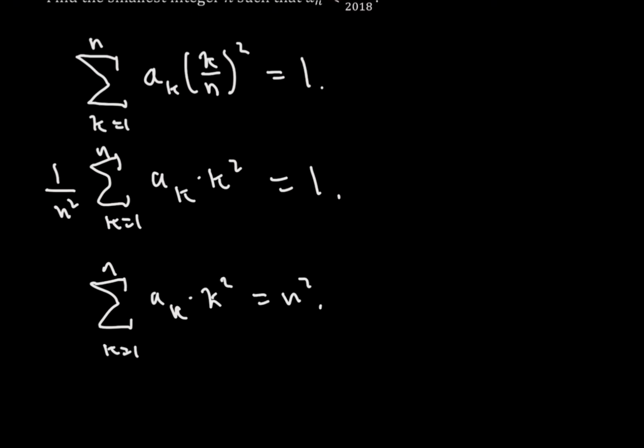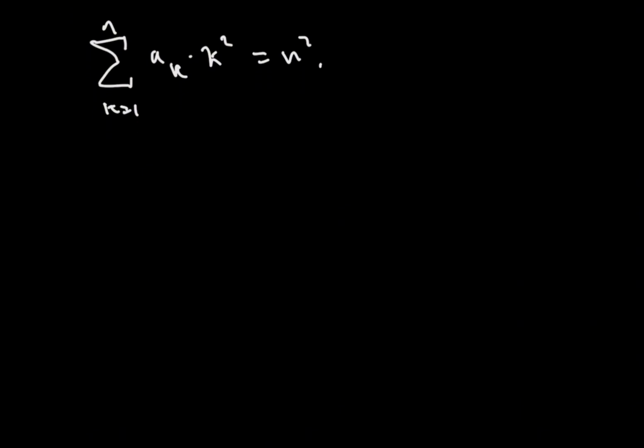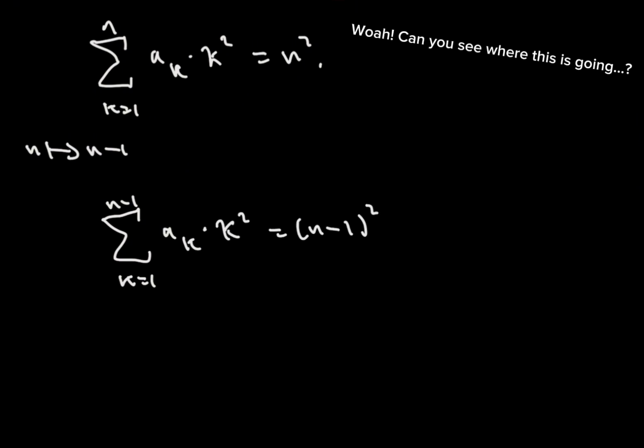Since this equation holds for all n, it'll also hold for n minus 1. So we replace n by n minus 1, and this gives that the sum from k equals 1 to n minus 1 of a sub k times k squared is equal to (n minus 1) squared.